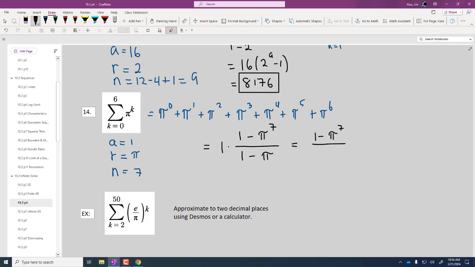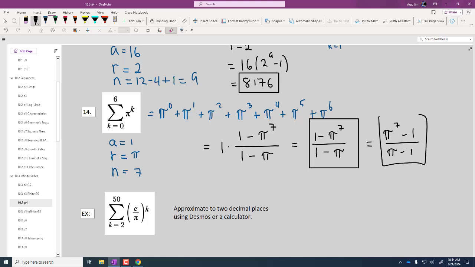Usually we're not going to type this in because it's going to be irrational, so we can just leave that as our sum. If you wanted to, you could divide numerator and denominator by 1 if this looks better to you. It looks better to me. And pi minus 1 will actually divide evenly into pi to the 7 minus 1, but we don't need to do long division in here.